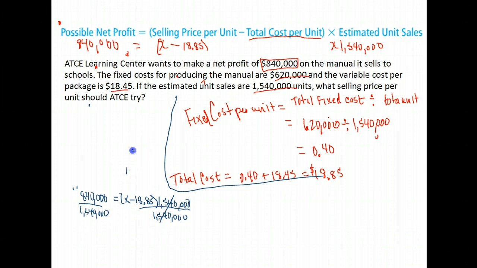Okay, when I do, I'm left with 0.5454, and it goes on from there, equals X minus 18.85. I want to solve for X. I have minus 18.85, so I add that to both sides.